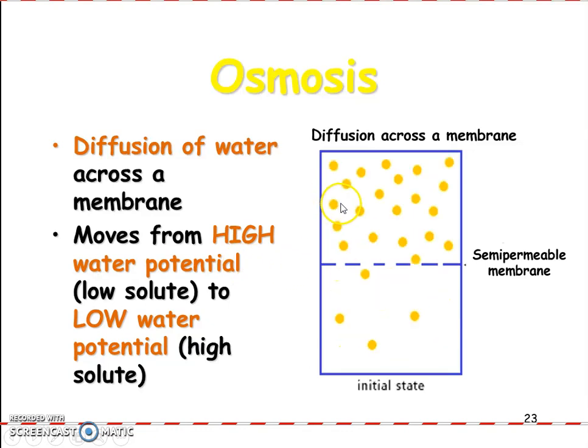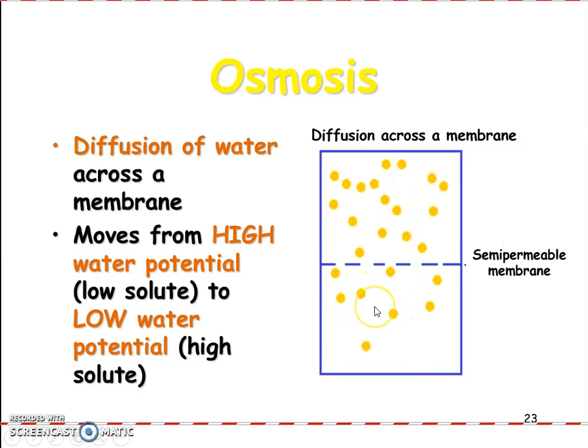The yellow dots represent the water molecules, and initially the upper box had more water potential, and gradually it passed through this semi-permeable membrane to make the concentration equal.